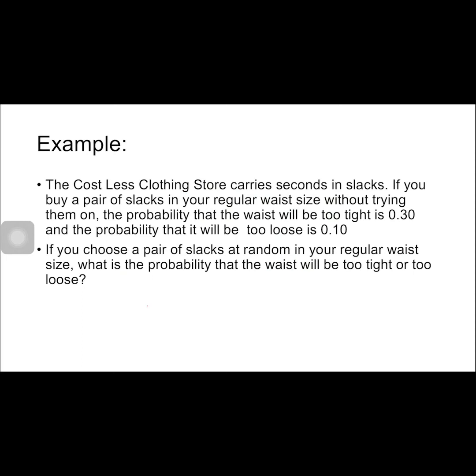So if you choose a pair of slacks at random in your regular waist size, what is the probability that the waist will be too tight or too loose? Okay, so we can just add 0.3, the probability that the waist will be too tight, plus the probability that the waist will be too loose, 0.10. So this is 0.4. Okay.